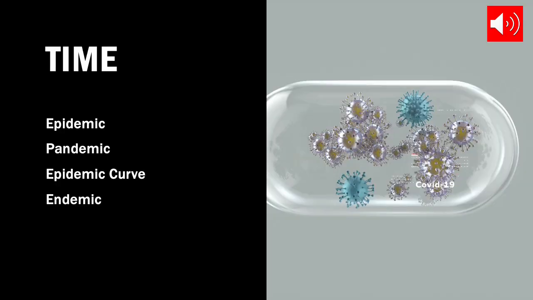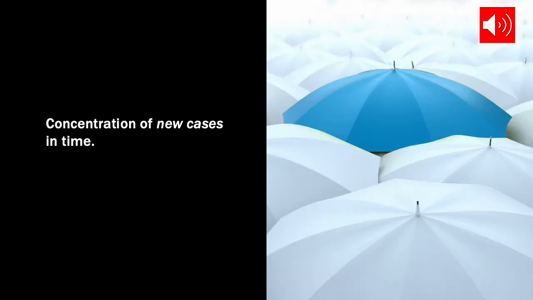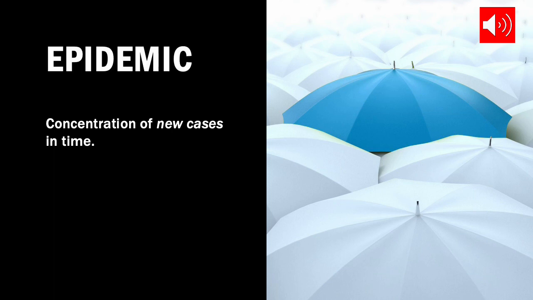Okay, so most of you should be pretty aware of what a pandemic is, but there's other definitions in terms of geographical area and things like that, so we're going to review these terms below. So an epidemic is a concentration of new cases in time.